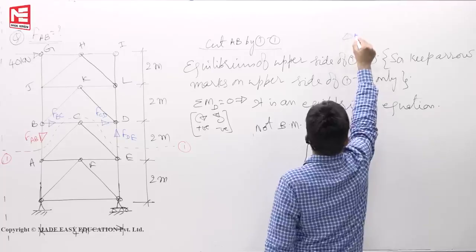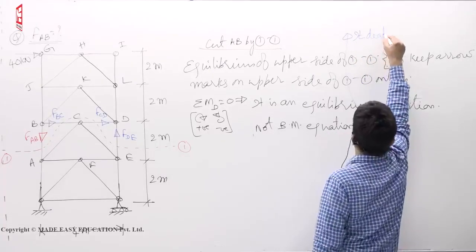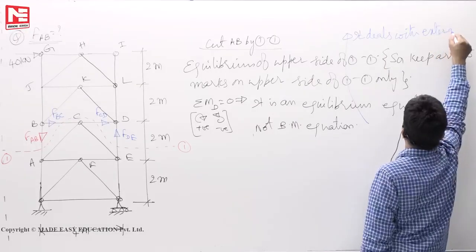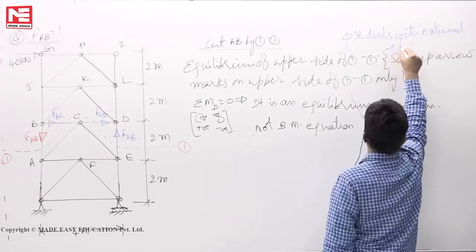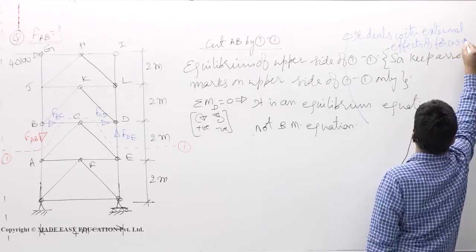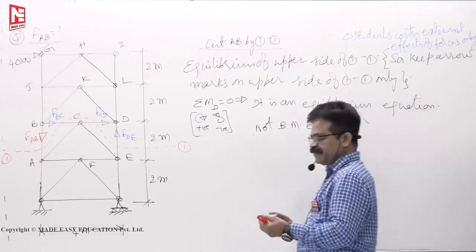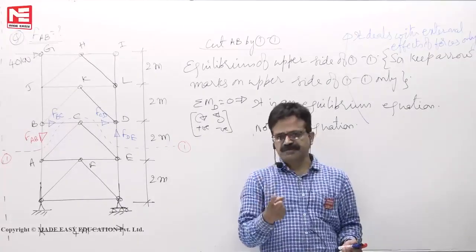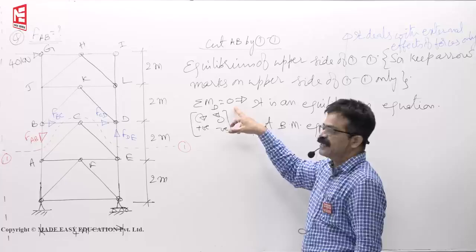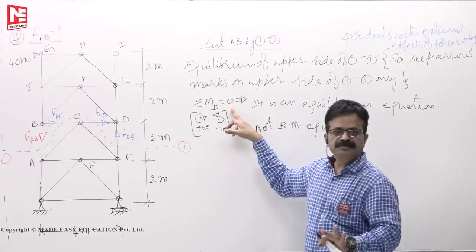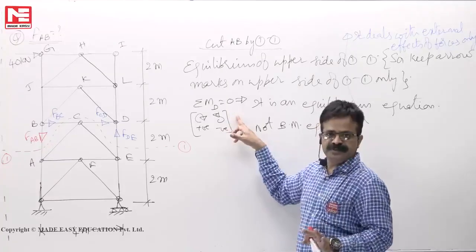Equilibrium equation, it deals with external effects of forces only. External effect of a force is what? External rotational effect of a force is moment. Only that moment you will write here. Whether this moment is bending the member, twisting the member, you don't want to worry in this sigma M0.